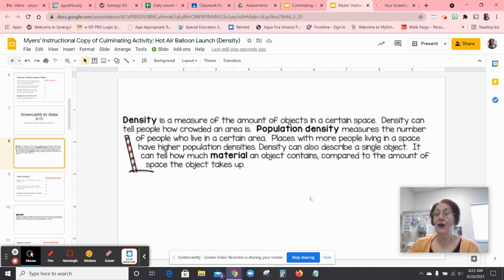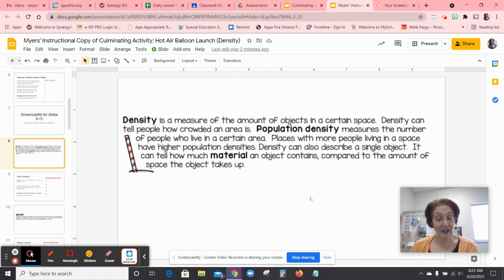We can say that we have a density in our classroom of so many students. Maybe our density is more or less than, say, the density in Miss Easley's class. So places with more people living in a space have a higher density, and if less people, they have less density. Now, density can also describe an object, and that's what our lesson is going to be on.